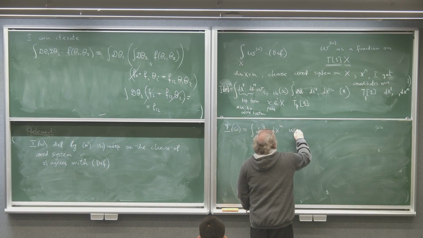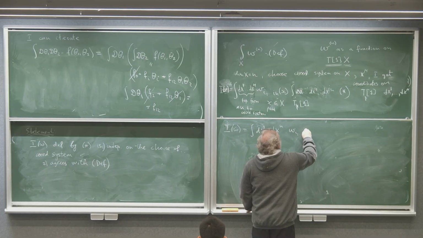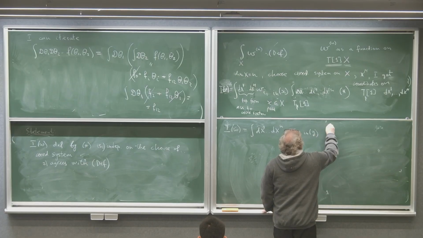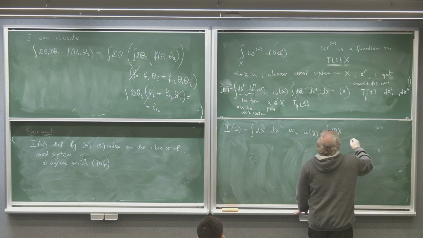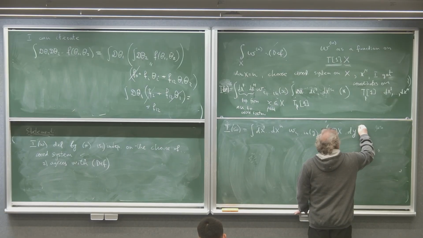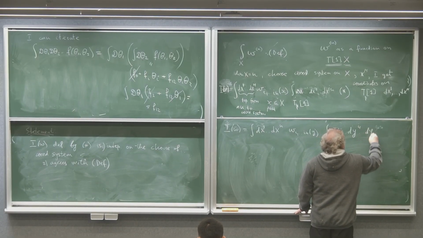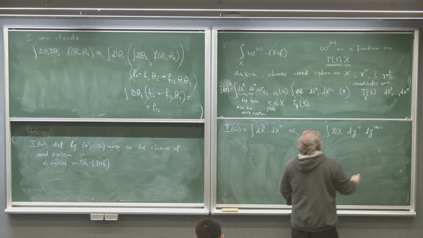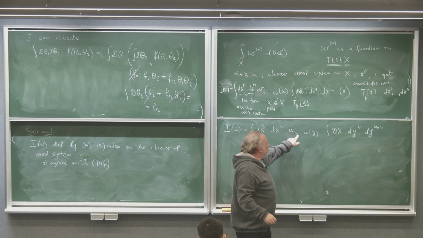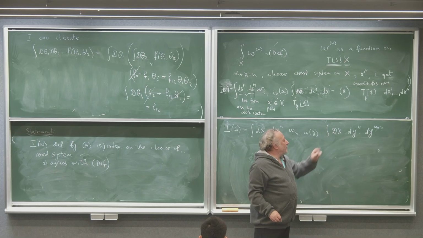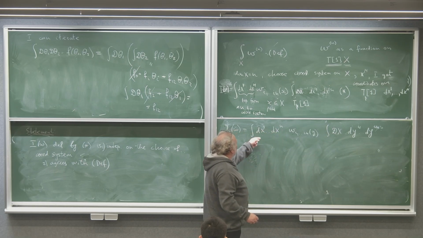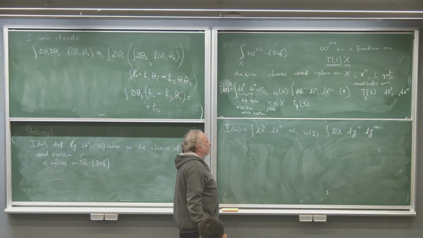And I write omega in coordinates y. So here I wrote omega in coordinates y, but this measure of integration, derivative, is defined in terms of coordinate x.